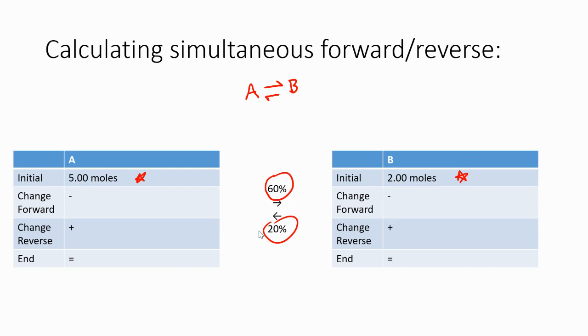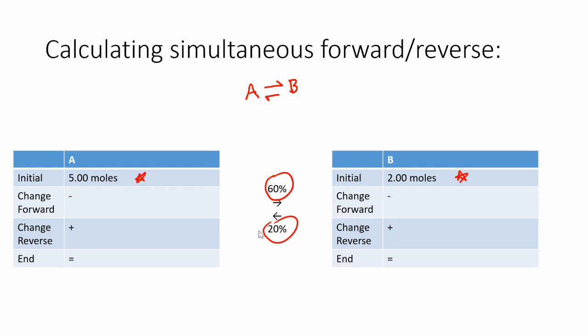And so when we calculate a change forward or a change reverse, we don't need to take into consideration what's going on the other side. I guess what I mean by that is we only need to look at the initial conditions. You'll see what I mean here in a moment.